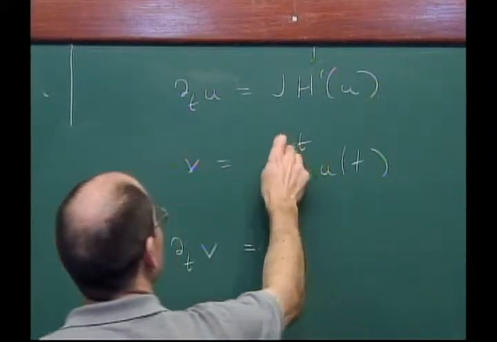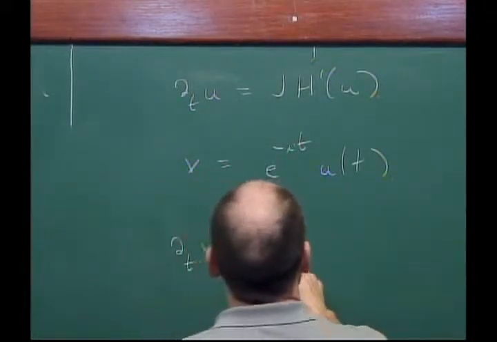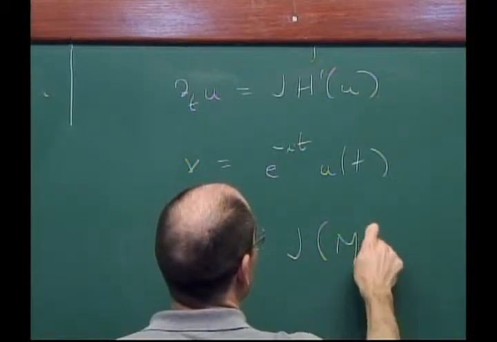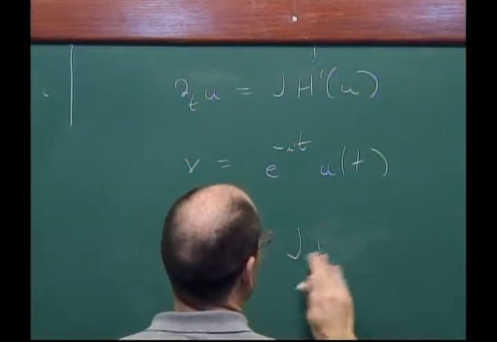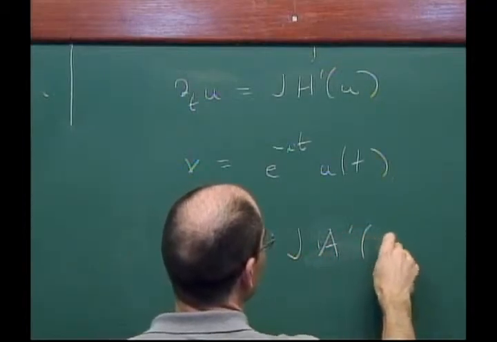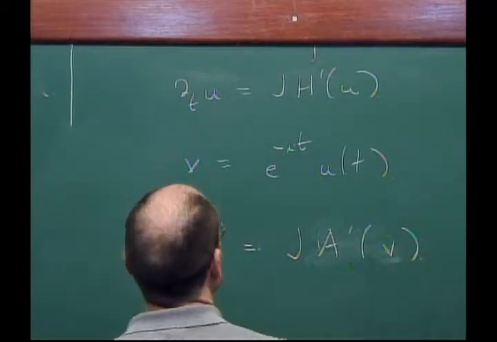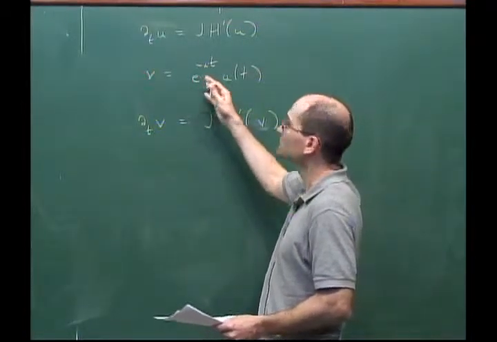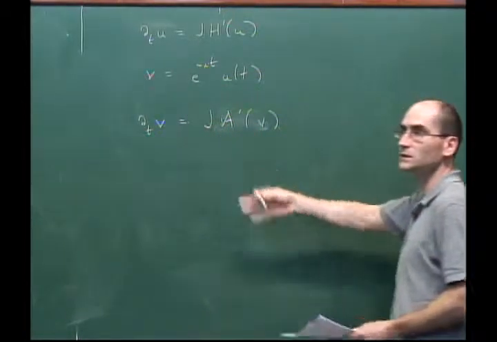Yeah, so it's minus J of M prime. This is J of, yes, it's just J of A prime of v, right? So it's just time differentiation just gives us a minus i term, which is J times M prime.